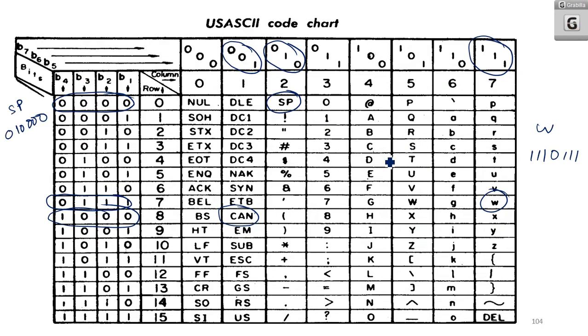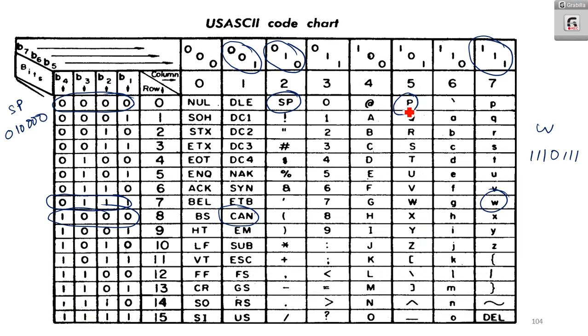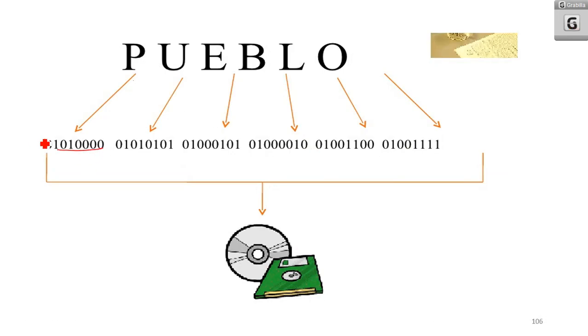Capital P is here, after A, B, C, D, M, N, O. Along with capital P, you have to write 101 and 4 zeros. This is the error checking bit. Similarly for U it is 101 like that, and the first bit is always the error checking bit.